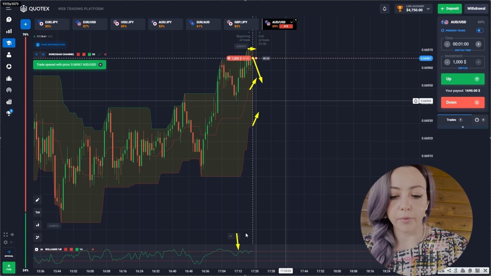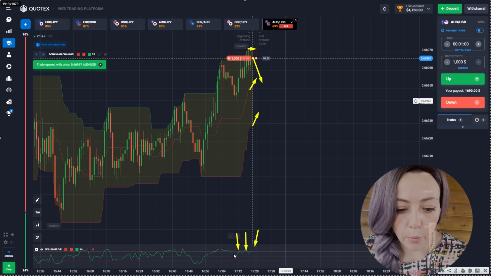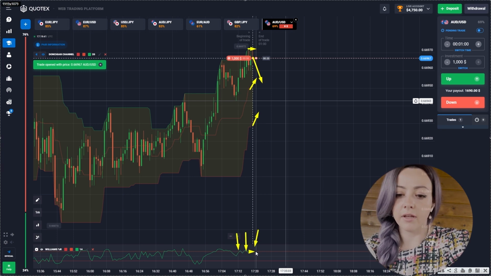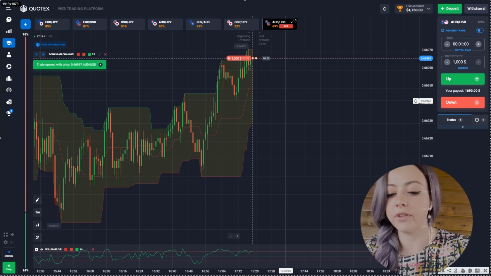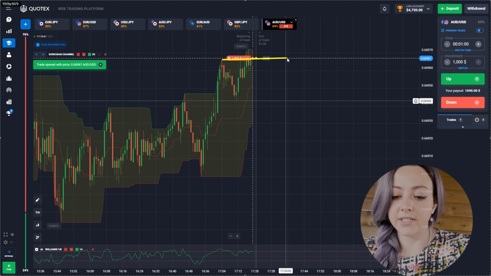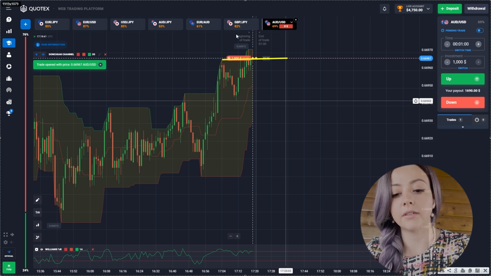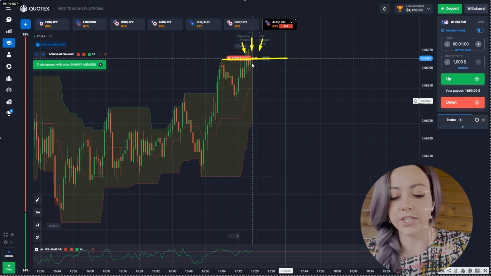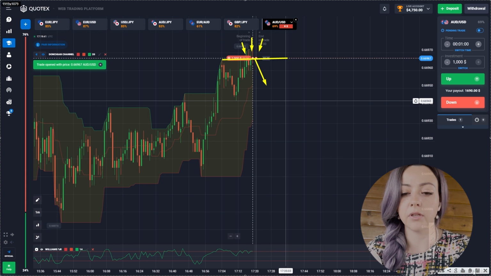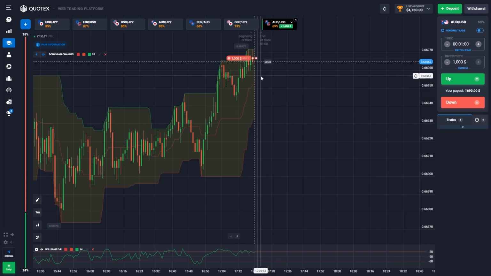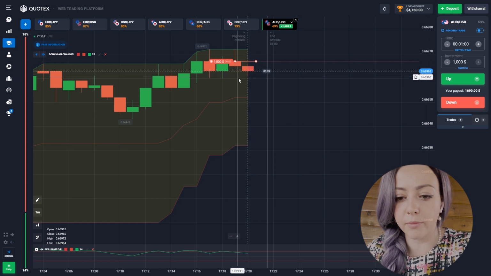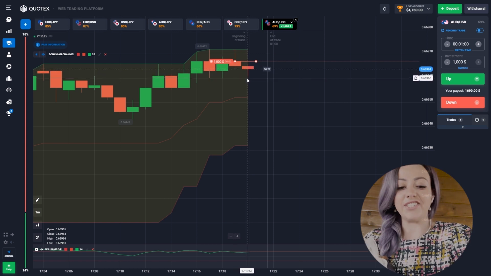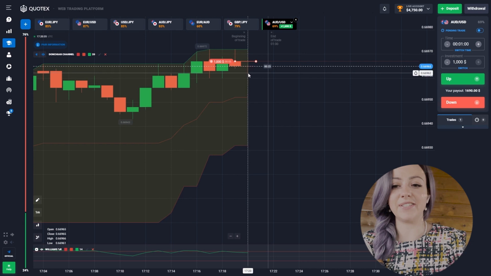Then we will take a look at Williams %R, and we can see that for the third time we get over this oversold area. There will be consolidation soon, and then it will descend. We are not so far away from our entry spot, and yes, it does close at profit.